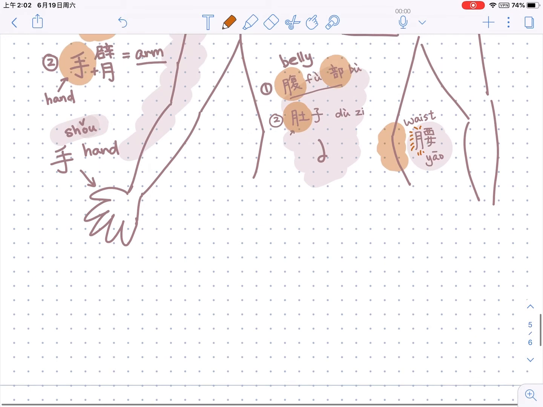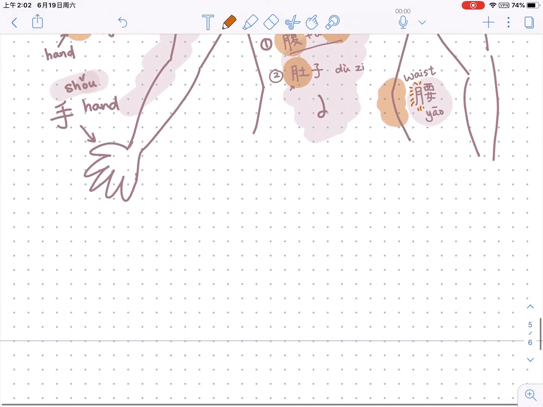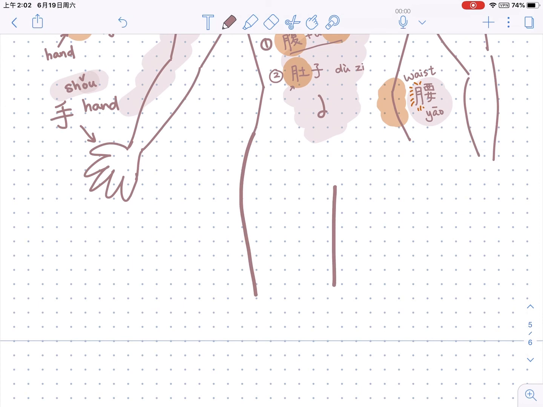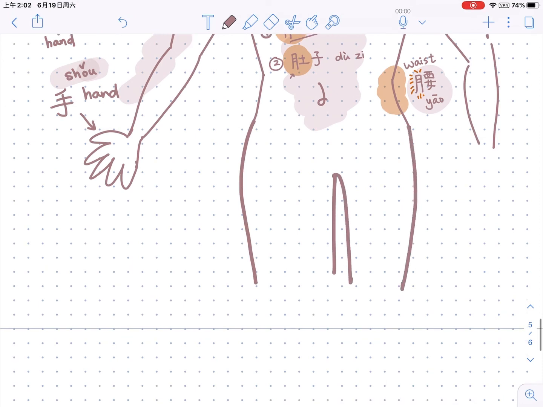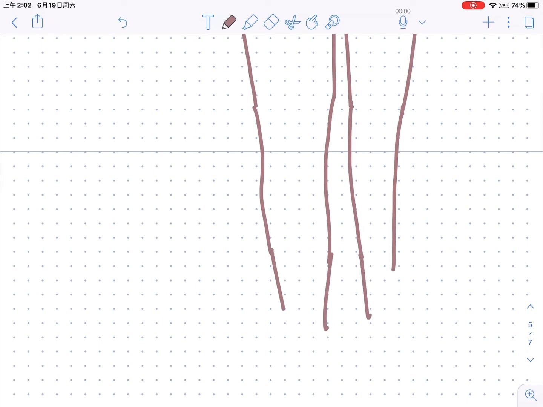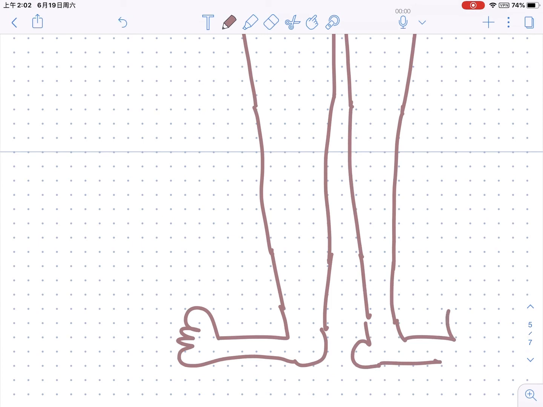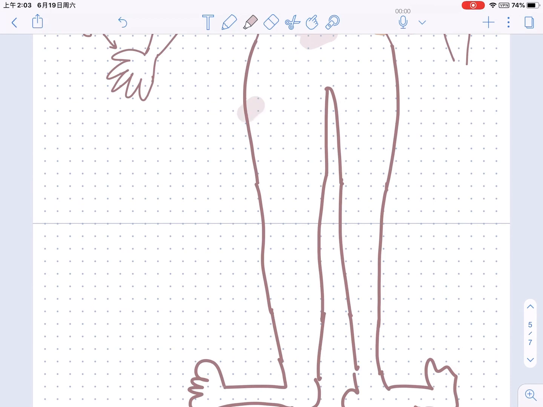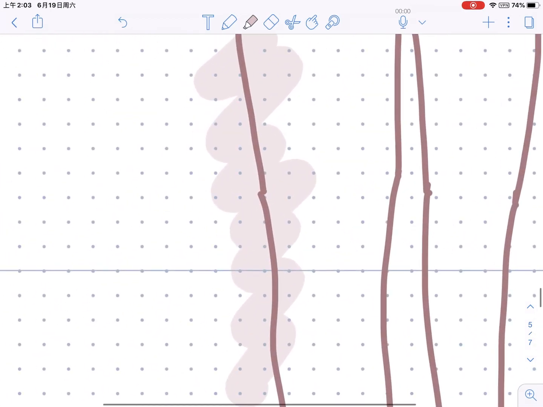Okay, and then if we go on, we give this guy 2 legs here. We're gonna leg. Okay, so his thigh here, and his shin here. Okay, and he's gonna have his foot, another foot. So for the leg here, in Chinese, we simply have one word for it.